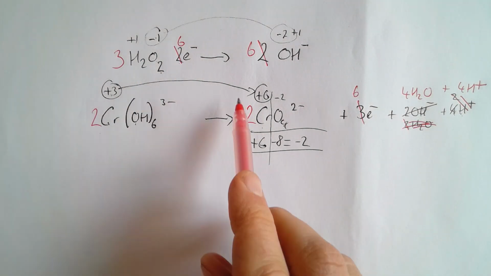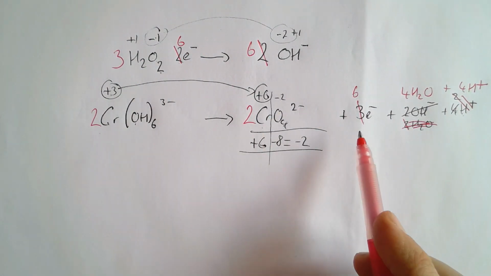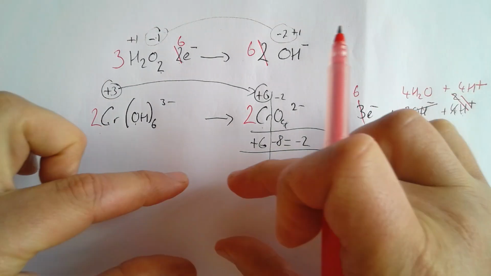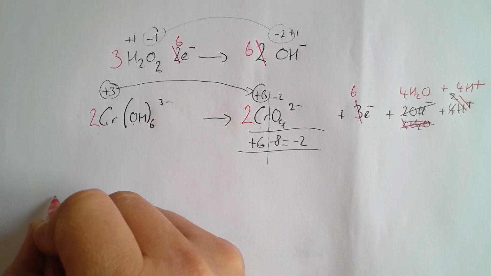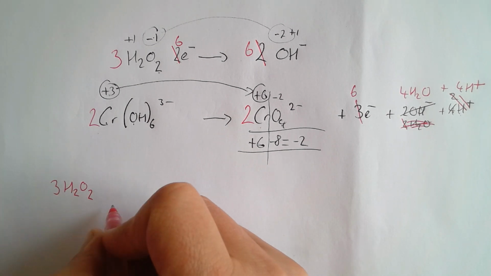So now when we look at these 2 half equations, I've got 6 moles of electrons on both sides. So I'm just going to write these out. I'm going to sandwich them together just down here. So I've got 3 moles H2O2.